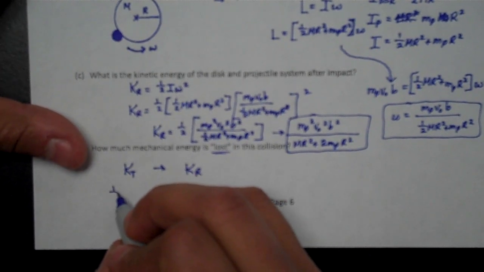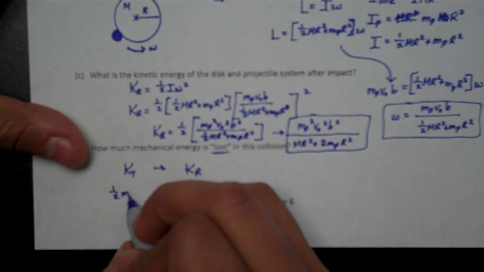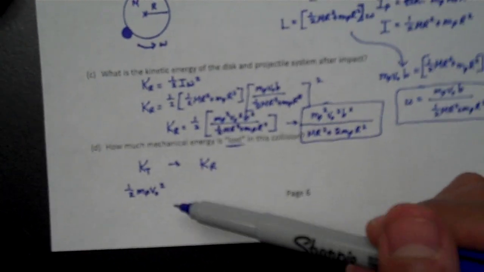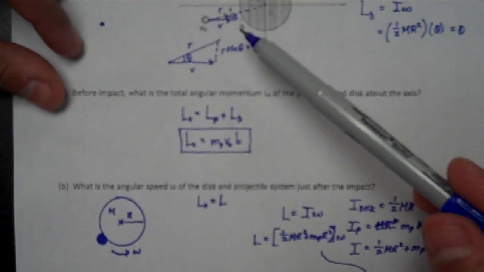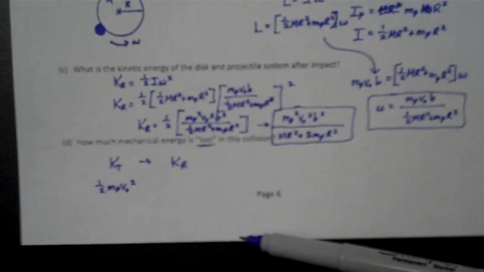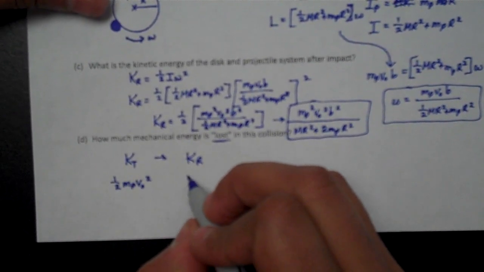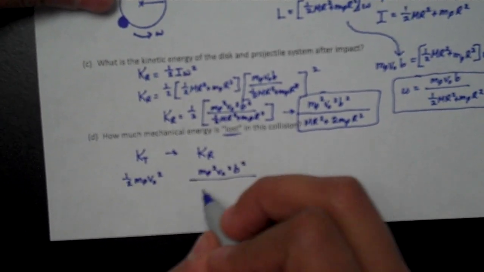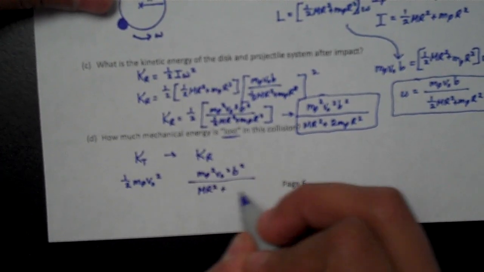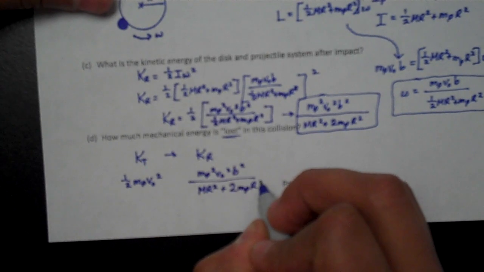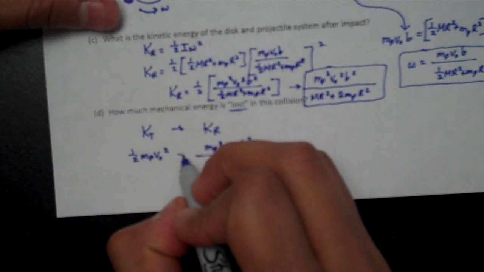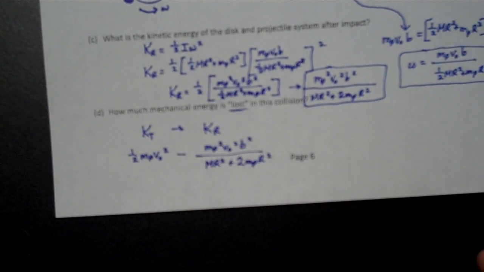Well, I know at the beginning I have 1/2 mv squared, and I know that that's it because the only object that's moving is this projectile, and it's moving with some kinetic energy. And then at the end, I have mp squared v naught squared b squared over mr squared plus 2 mp r squared. So if I want to figure out how much is lost, I find the difference in those two. And that's my answer.